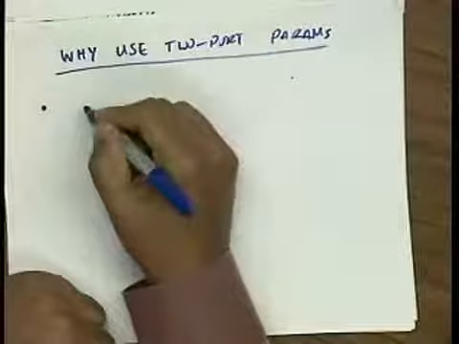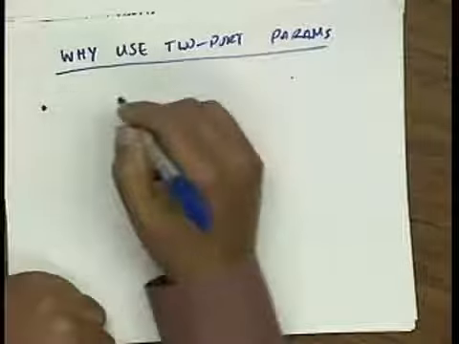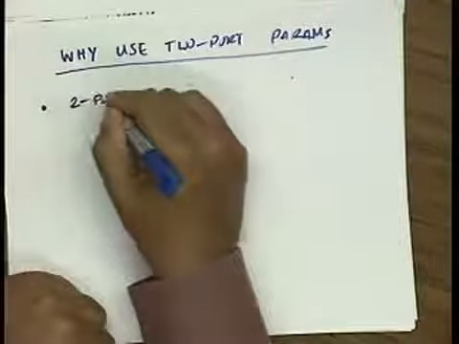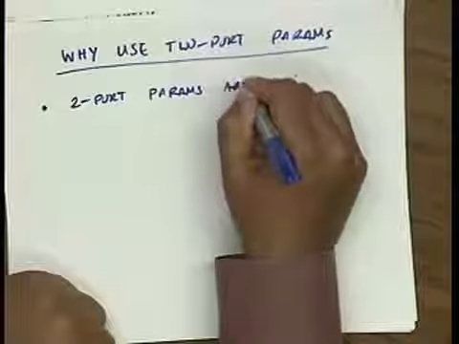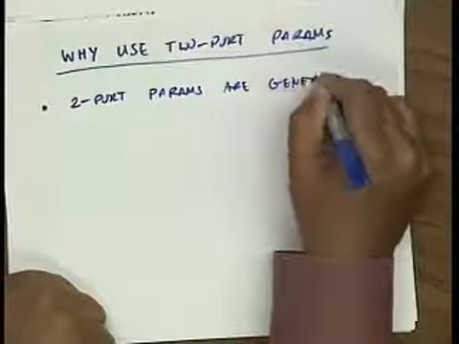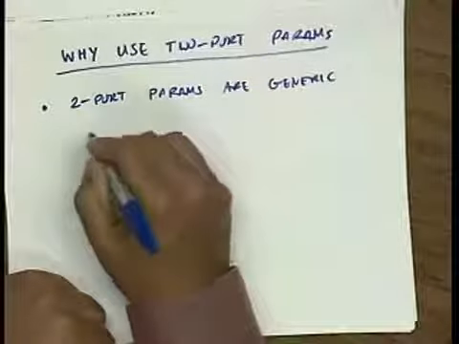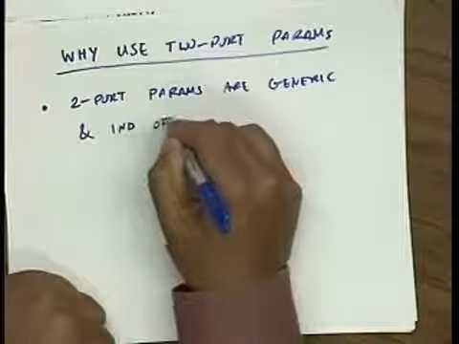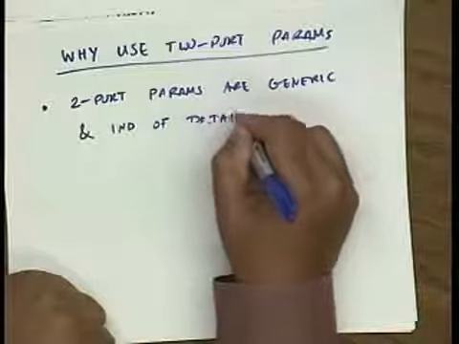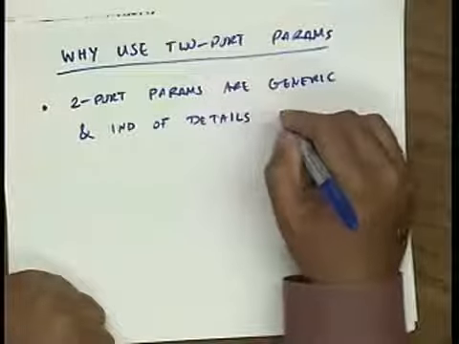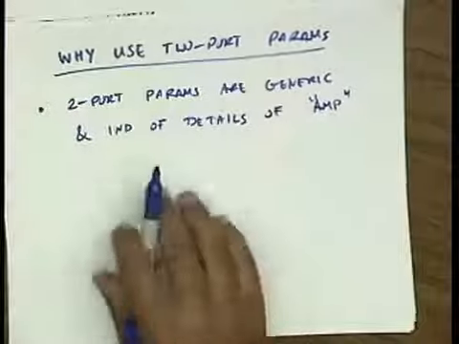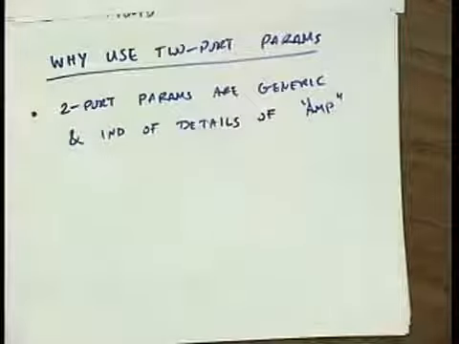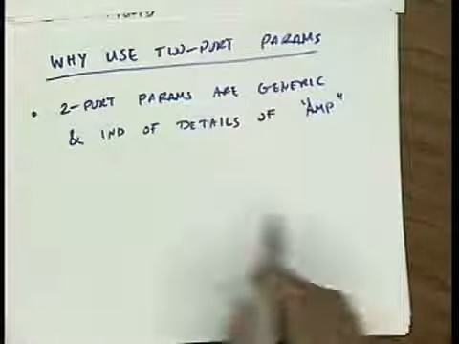Well, first of all, the two-port parameters are generic, and they're independent of the details of the amplifier. In other words, just as we saw, it could be a single transistor or it could be a very complicated multi-stage amplifier.